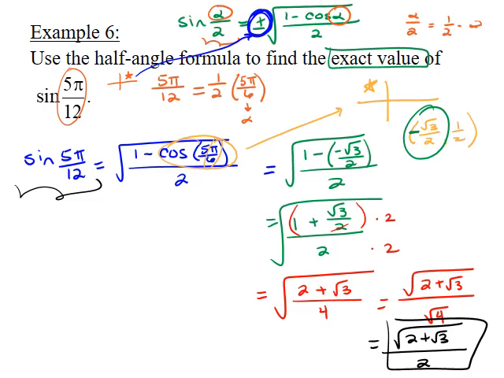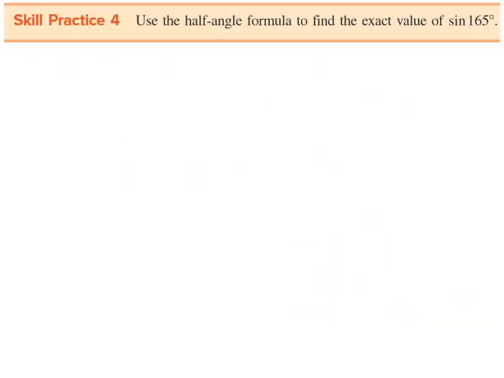Now, let's do another example, but this example is going to be in terms of degrees rather than radians. If we want to find sine of 165, you may want to look up what that formula is. So sine of alpha divided by 2, again, is plus or minus the square root of 1 minus cosine of alpha, all over 2.